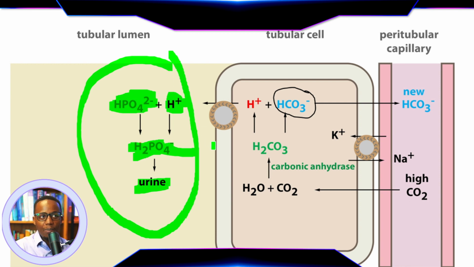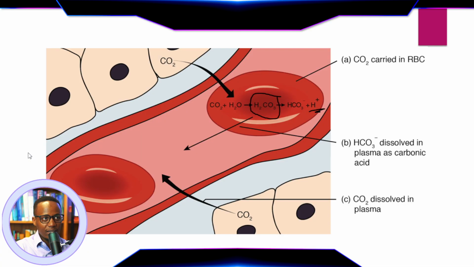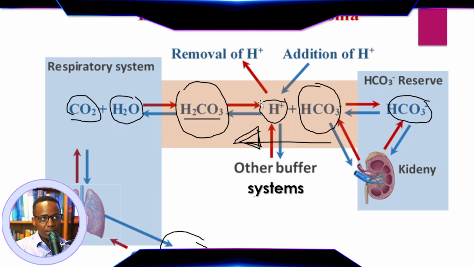Another really cool thing that happens inside the kidneys is that in addition to receiving the carbonic acid when you have too much of it, it also produces carbonic acid when you have too little of it, right? So let me see. As you can see, this goes both ways here.